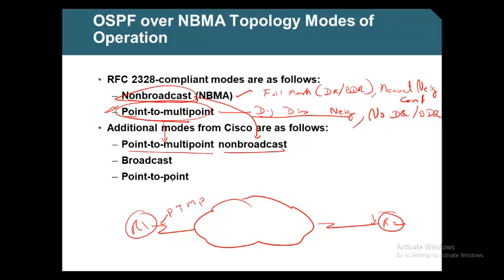Try to answer this. What is the best in the second mode? Okay, that is best for you. Okay. What about this one? No DRBDR election.